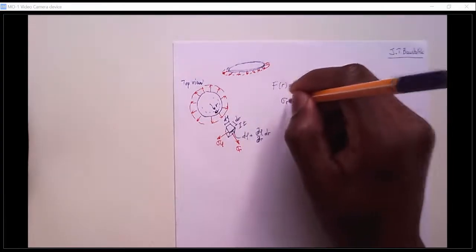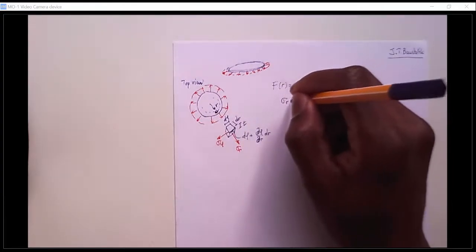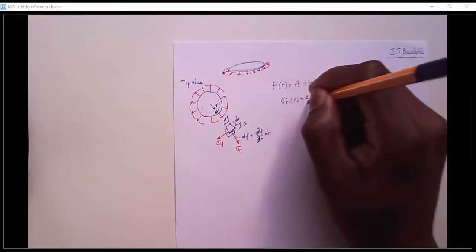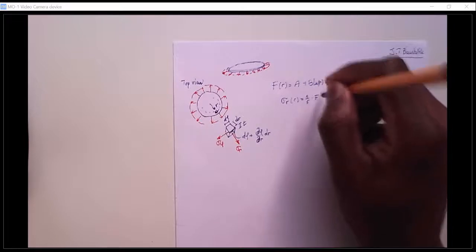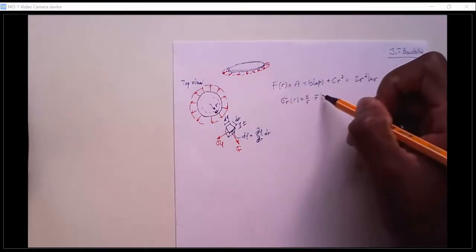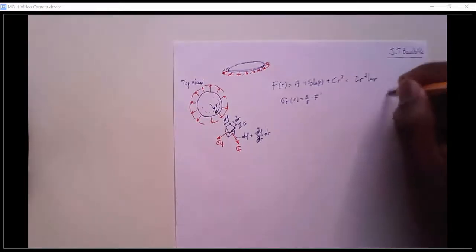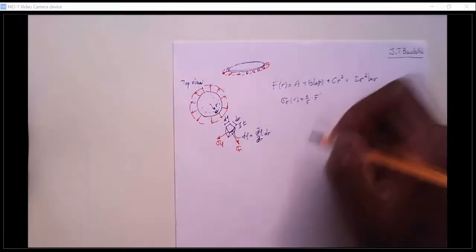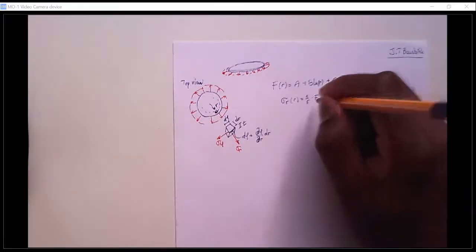So sigma, the stress in the radial direction, is given as 1 divided by r times the first derivative of F. By the way, with derivative here, we mean the derivative with respect to r. Okay, that's what we mean here with the derivative. So we can basically compute it.